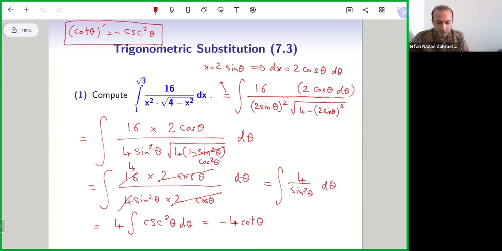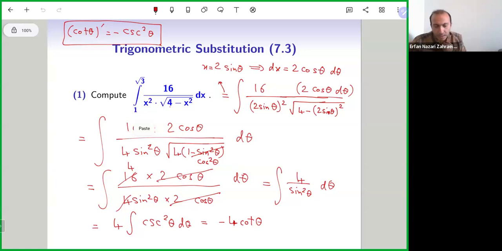That was one comment. Now let's do the substitution in the bounds of the integral. So these are x values. When x is 1 and root 3, I need to fill in the correct number: what is the corresponding theta at those points?